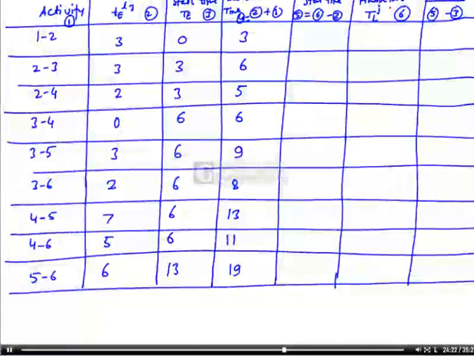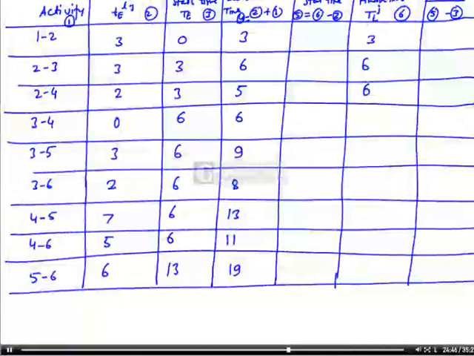Now to calculate latest finish time, again we have to go at the TL of head point. So 1 to 2 we have to go for 2. So this is 3. For 2 to 3 again this will be at point 3. This will be 6. For 2 to 4 this will be at 4. So this will be 6.